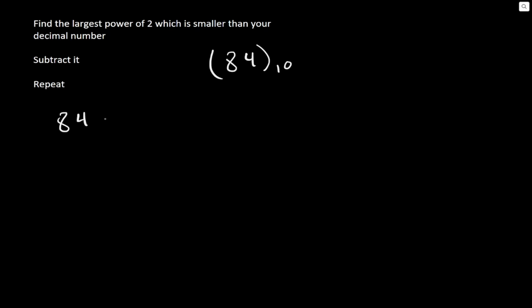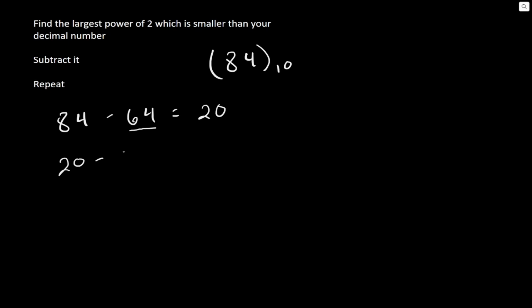Now, what is the largest power of 2 that's smaller than 84? That would be 64. You have 1, 2, 4, 8, 16, 32, 64, 128. 128 is too big, so 64. 84 minus 64 equals 20. Okay, so 64 is important. So now we have 20 minus the power of 2.